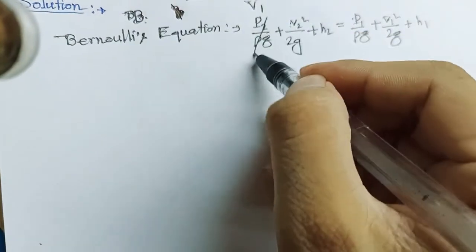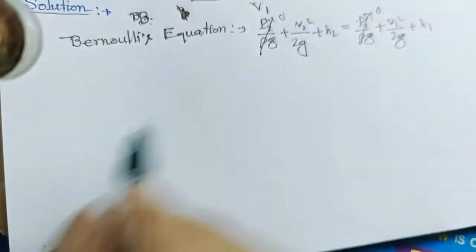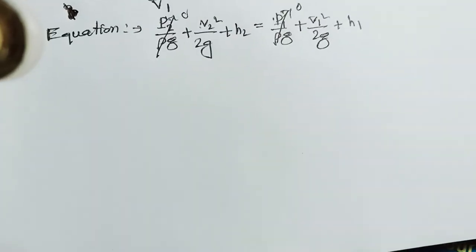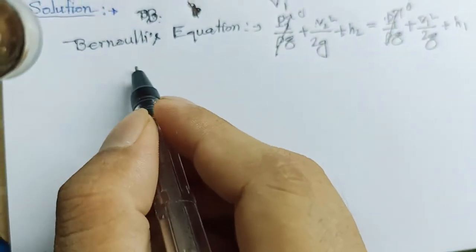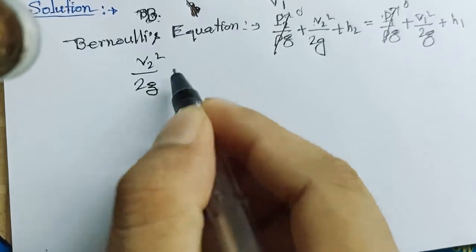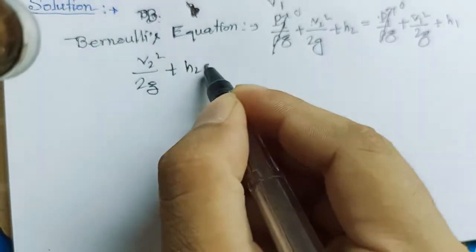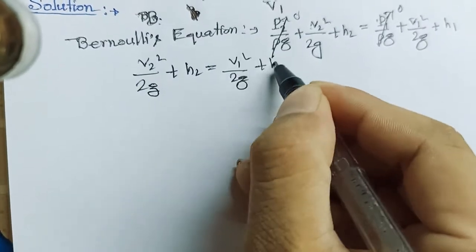Now pressure is same everywhere, so we can cancel these two terms. So after cancellation of this term, we get V2 square divided by 2g plus H2 is equal to V1 square divided by 2g plus H1.